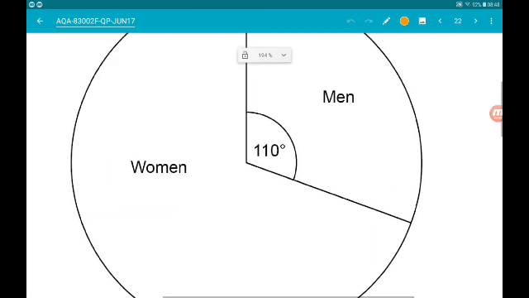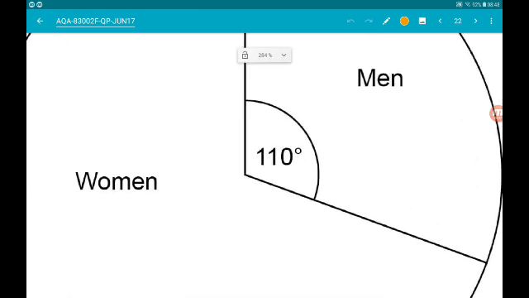Okay, so we know angles around a point add up to 360. So the angle for women is 360 minus 110, which is 250.